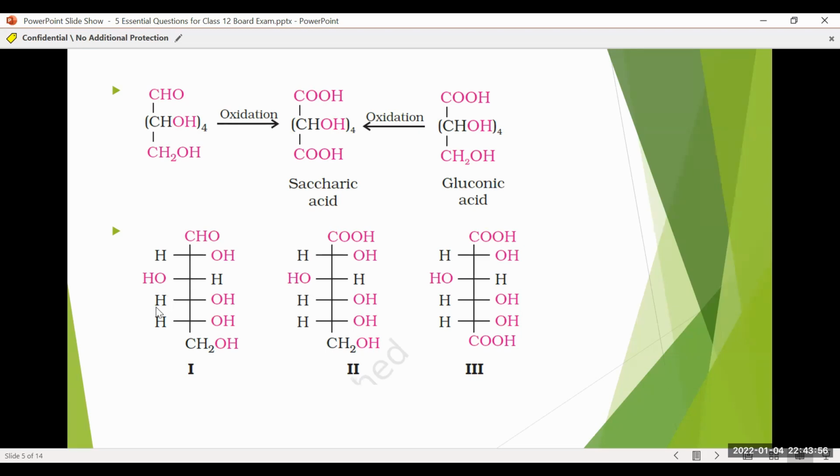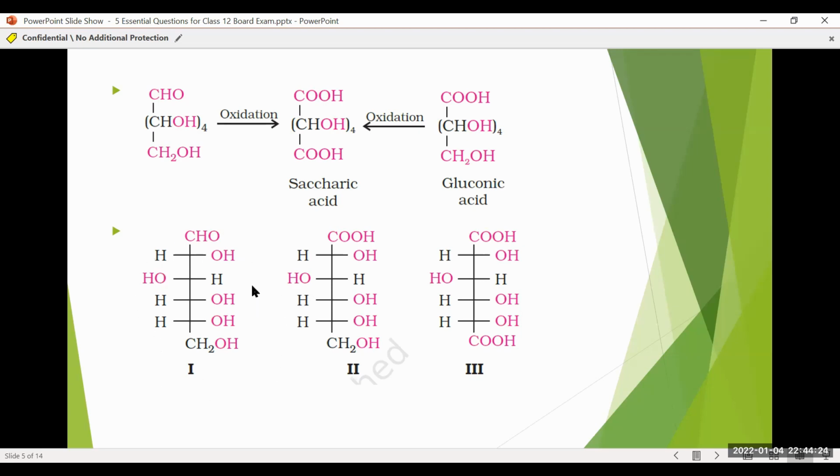The fourth carbon atom, you will have H on the left side and the OH, and the rest of the carbons will be the same. As I told you, the minimum oxidized carbon atom will be at the last. The second and third structures are of saccharic acid as well as gluconic acid. Similarly, these can also be shown by the Fischer projection formula, but we are concentrating on the glucose structure.